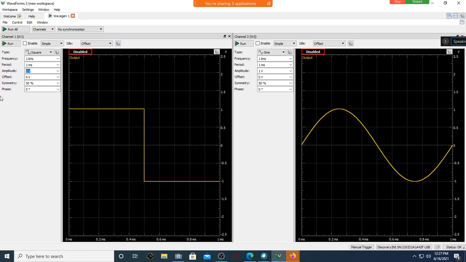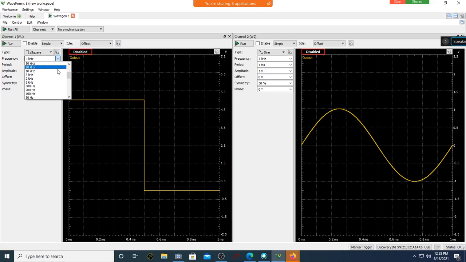I will change this to 2.5 amplitude and offset also 2.5. Can you see now it has become 0 to 5? Let me make the frequency 100 kilohertz, for the clock.